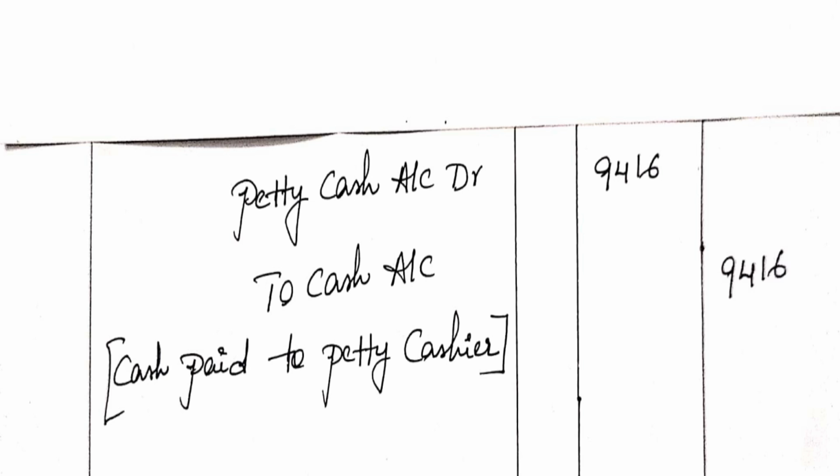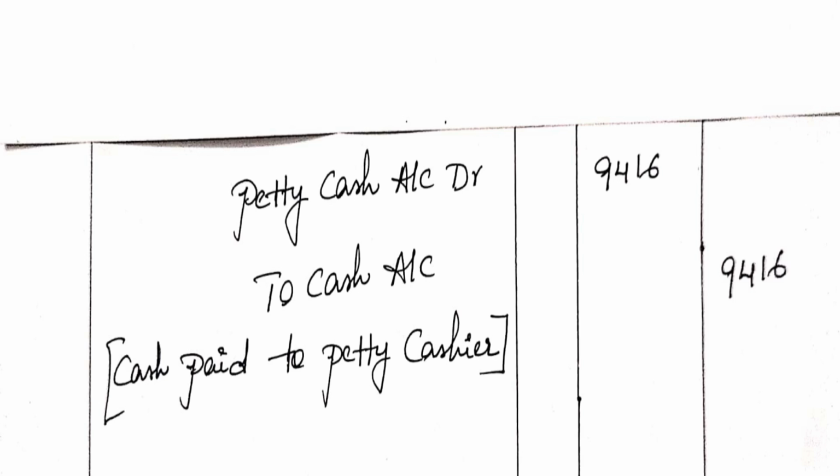The third journal is petty cash account debtor to cash account. The narration is cash paid to petty cashier and the amount is 9,416. That is the total paid amount. And on the credit side, we have mentioned 9,416. We are writing the same transaction again at the month end because as per the Imprest system, the main cashier will reimburse the Imprest amount at the month end.